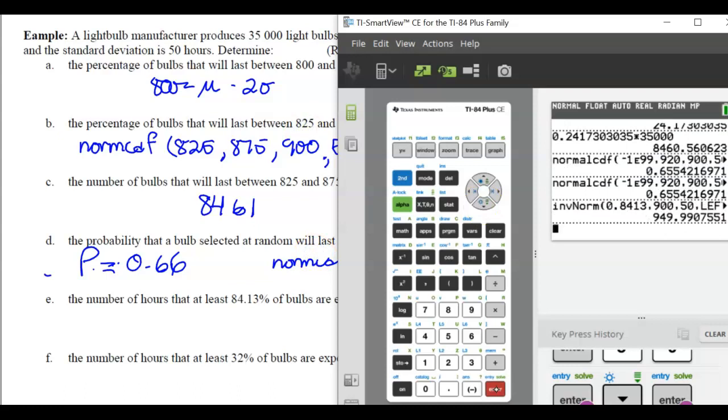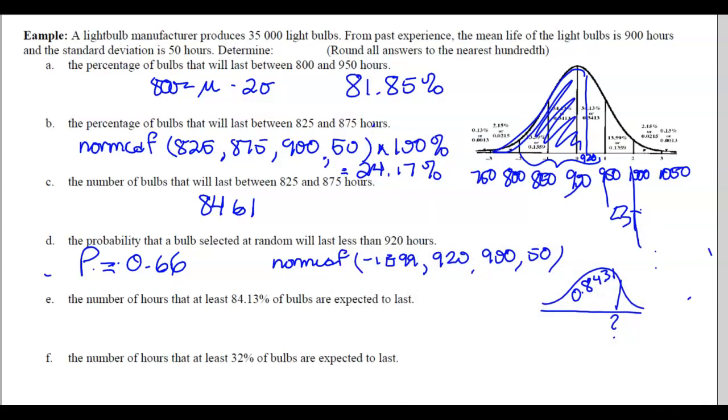And that rounds to 950. So we could have probably figured that out. 950 is the mean plus a standard deviation. So if we had added up 50 here plus 34.13, then we would have got it without our calculator. So we could have done it that way, but you may not have realized that. So this is 950 hours.